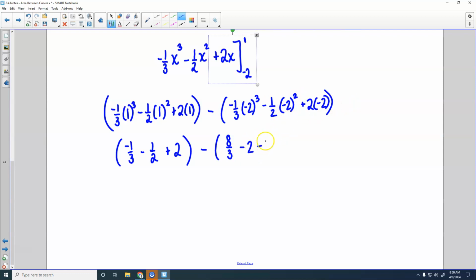And then we'll get a -4 right here. And so this is going to give us negative 1/3 minus 1/2 plus 2 minus 8/3. That's going to be a -6, but then it's going to become a +6 when the negative gets distributed to it there.